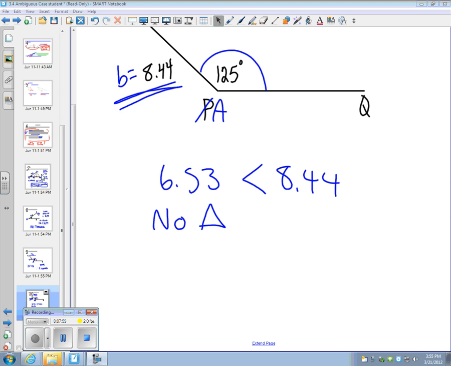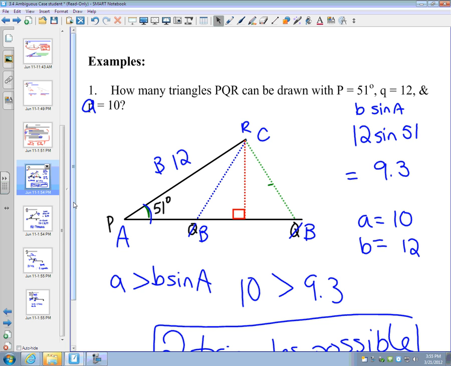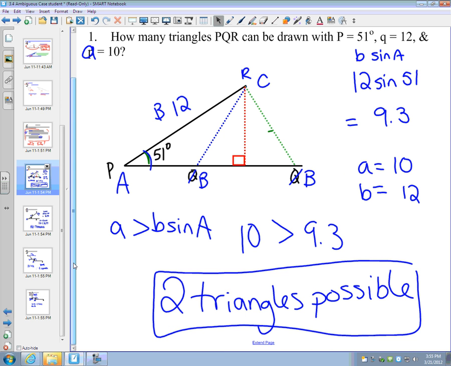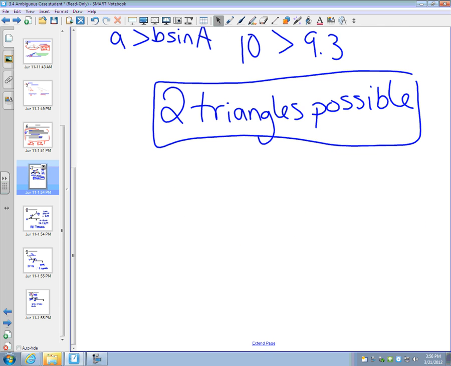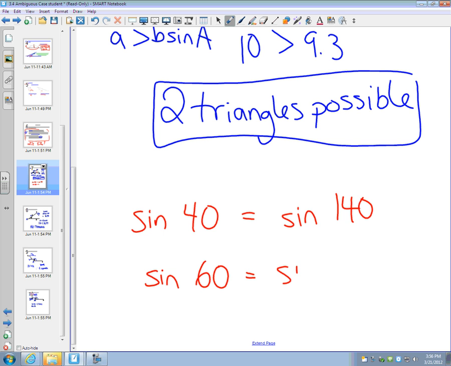Last thing I just wanted to add: if you ever do get something like this, where there are two triangles, you're going to have to draw out two separate triangles, and you're going to have to use the fact that the sine of 40 is equal to the sine of 140. In other words, the sine of 60 is equal to the sine of 120.